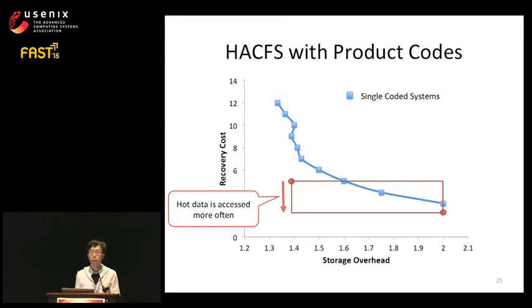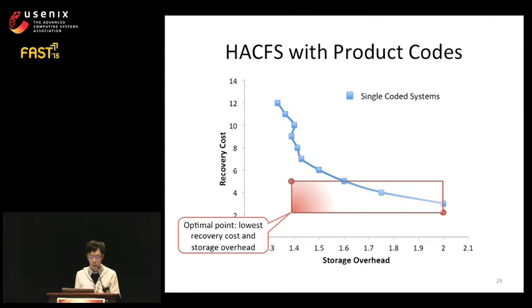When hot data is accessed more frequently, HACFS will achieve a recovery cost close to the fast code. So the optimal performance point is on the left bottom side of this rectangle, which provides the lowest possible recovery cost and storage overhead given the two codes. And the data access skew observed from real workloads will help us converge to this point.